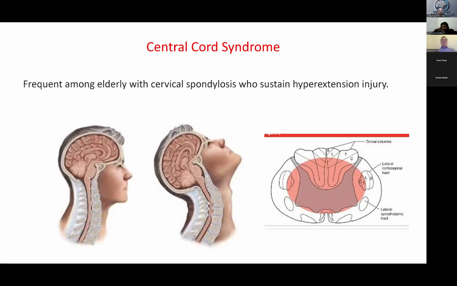There is a physiologic narrowing of the canal. If there is already some degenerative narrowing, a hyperextension injury will cause a diffuse edema or some hemorrhage inside the spinal cord. This happens mostly in more fragile area of the spinal cord, which is the middle of the spinal cord. They are more fragile.